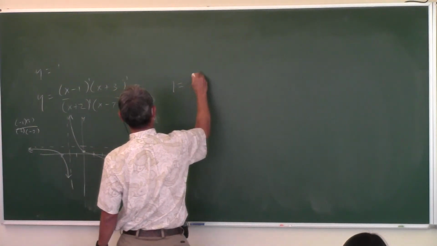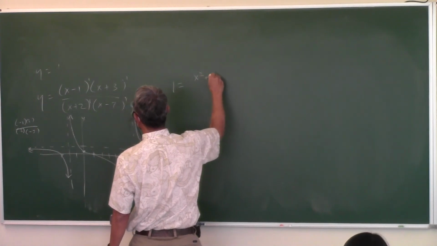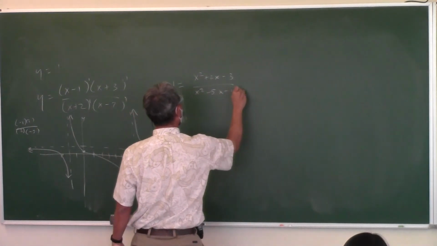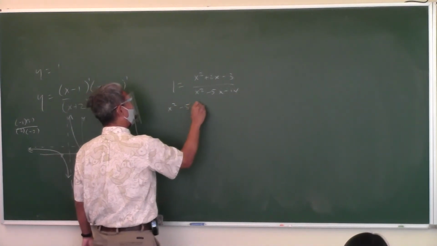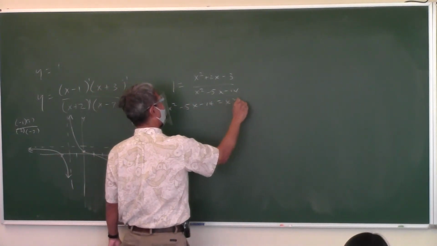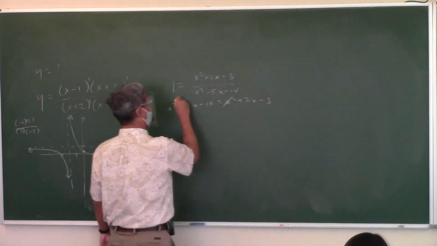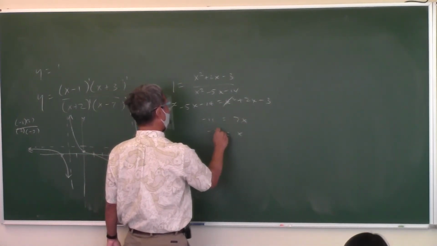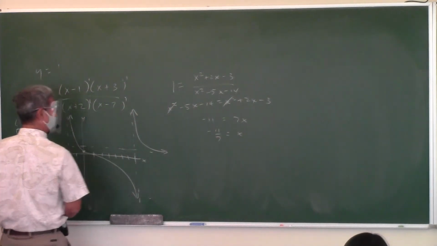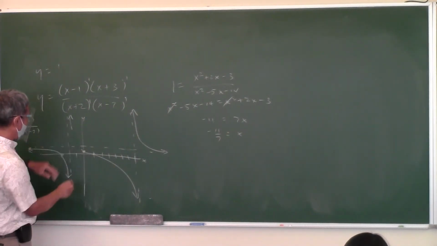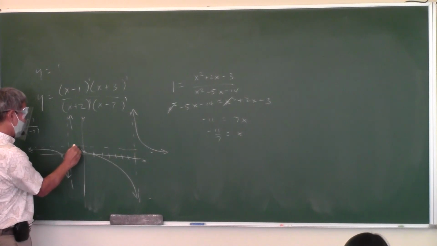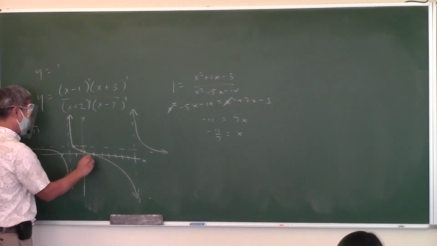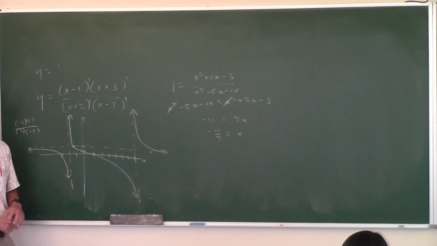So 1 equals x squared plus 2x minus 3 over x squared minus 5x minus 14, let's multiply it out, cross multiply. 7x is equal to negative 11. X equals negative 11 sevenths. See, so this has got to revise the graph. Negative 11 sevenths is over here, yeah? So it's got to look like this. You know, if you wanted to make it super accurate.